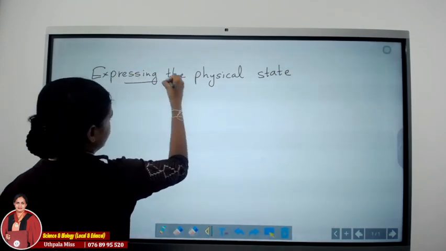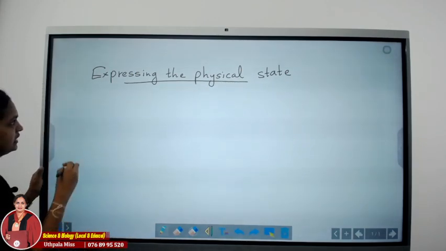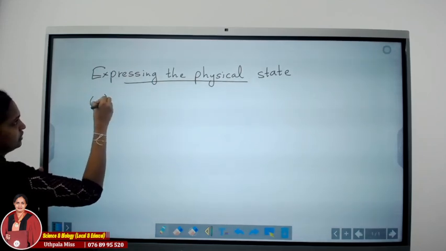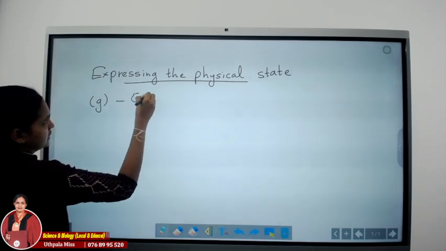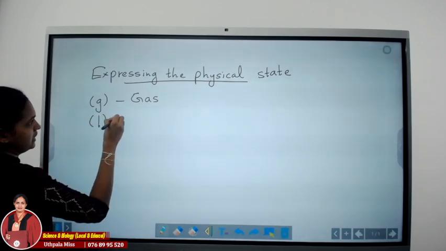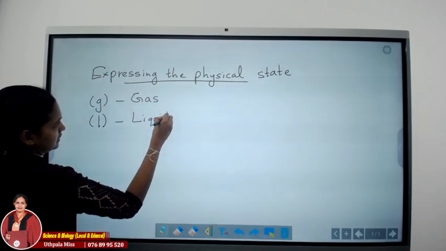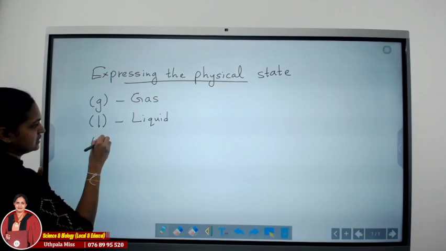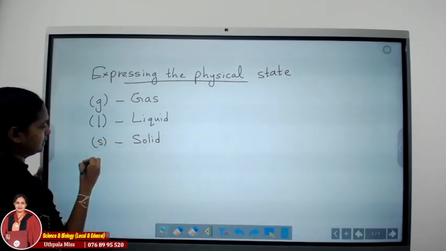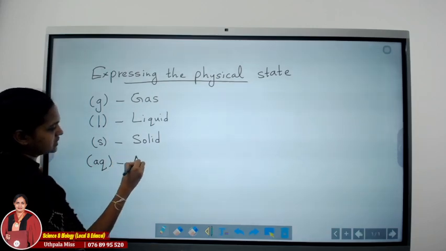This becomes important when we start to write chemical formula. Still you are not familiar with chemical formula. So we use letter G for a gas, simple L for a liquid, simple S for a solid, and AQ for an aqueous solution.